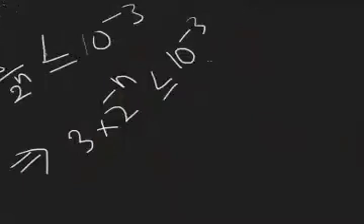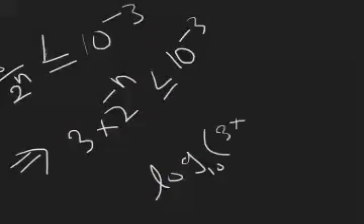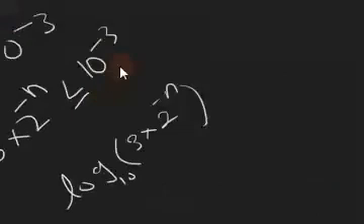Log base 10 of 3 times 2 to the minus n is less than or equal to log base 10 of 10 to the minus 3. You can take this exponent in front of the log, and that becomes negative 3 times log base 10 of 10, which is 1, times 1.